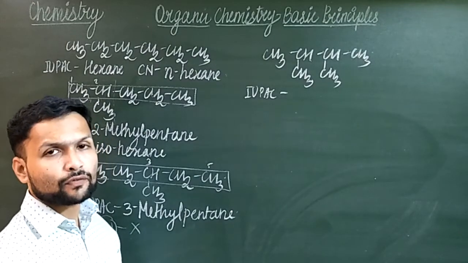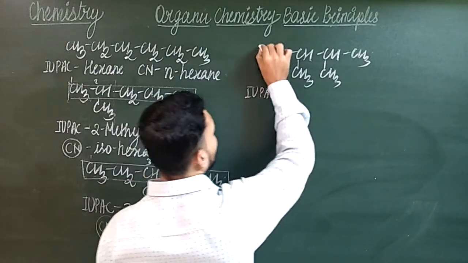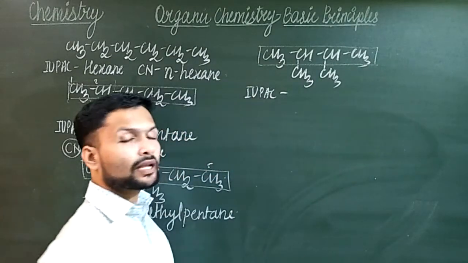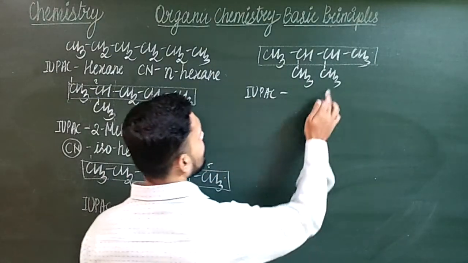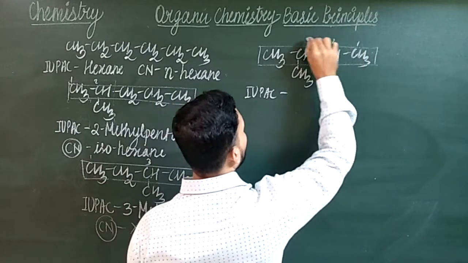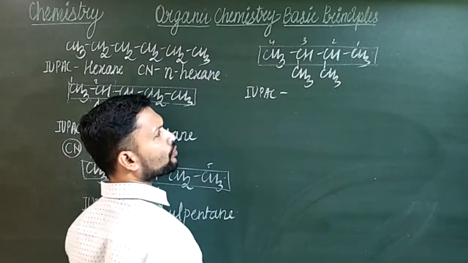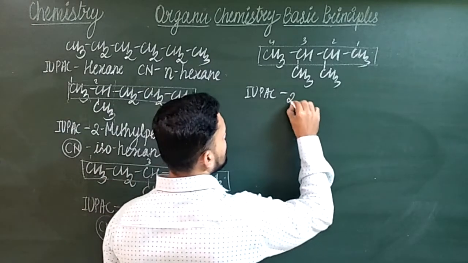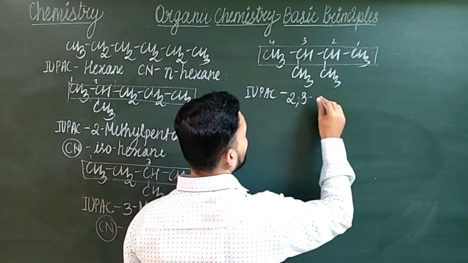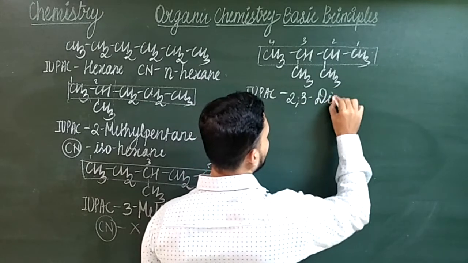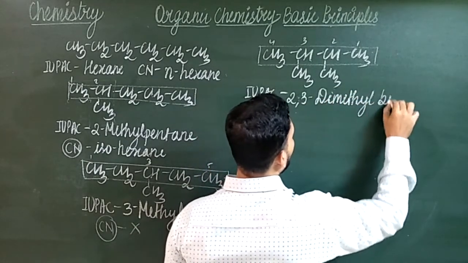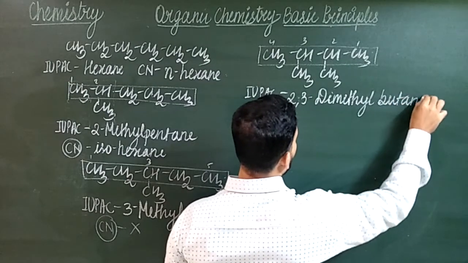So again we'll follow the steps. First, select the longest chain. So this is the longest chain. Second step, number the chain such that branches get the least number. So 1, 2, 3 and 4, or 1, 2, 3 and 4 would do the same job over here. So the name goes as 2,3-dimethylbutane.